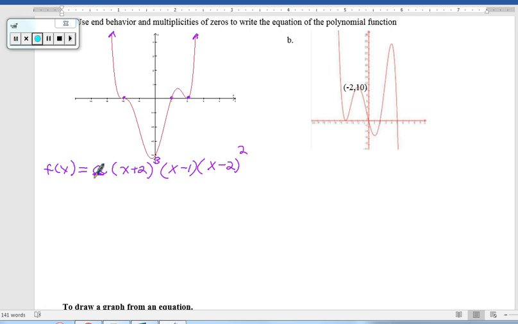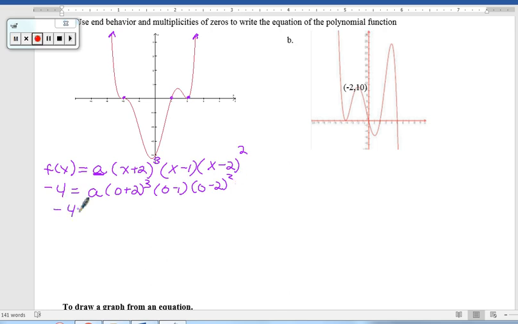In order to solve for this a value here, we need to plug in another point. The best point to plug in would be the y-intercept, so long as it's not also a 0 of the function, which in this case it is not. So we're going to plug in the point (0, -4). -4 will replace the f of x because that's our y value. We're solving for a, and we will put zeros in for all the x values, and then we'll go ahead and multiply that out.